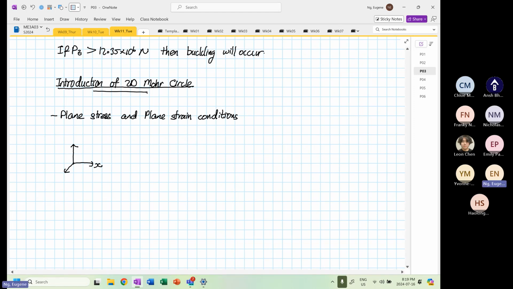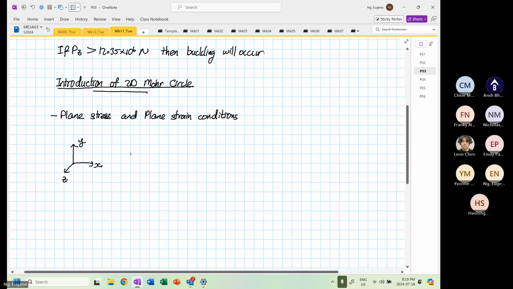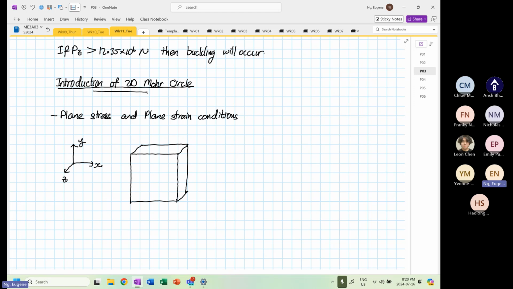So this is our X, and this is our Y, and this is our Z. So if this is our element, now an element is never a cube. It always has a face that is bigger, a surface area that's bigger than the rest, as you can see down here, right? So what do I mean by that?